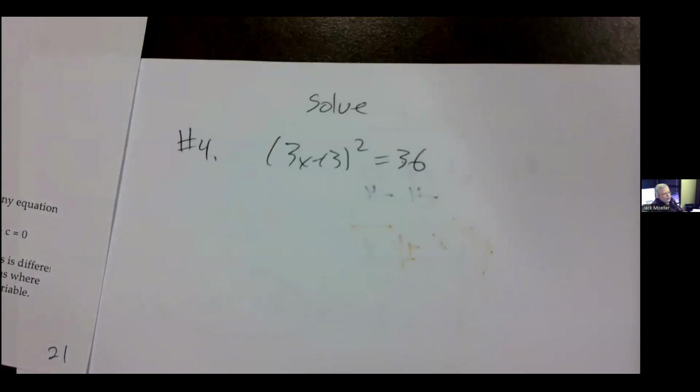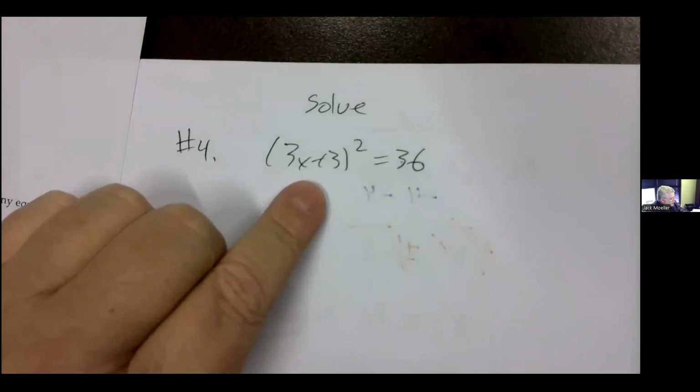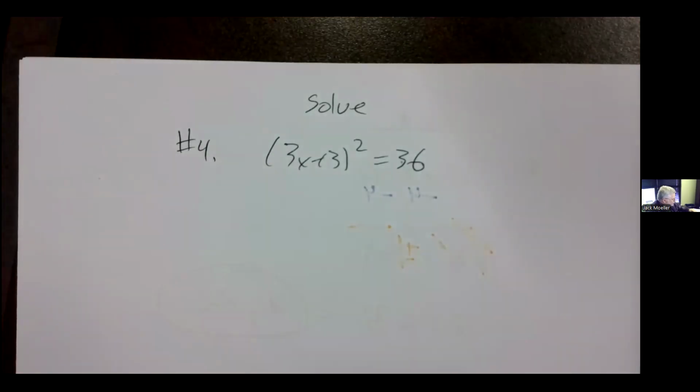If I say solve that, what is your first instinct? Well, if you're thinking, we need to write 3x plus 3 out twice and FOIL it, that makes me happy, in part because that's something we talked about back when we were doing polynomials.